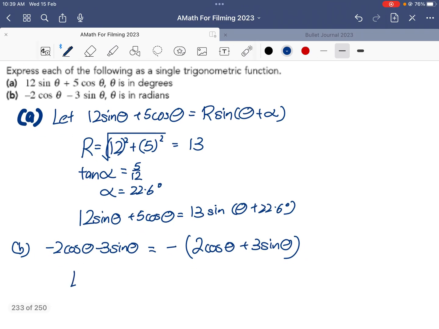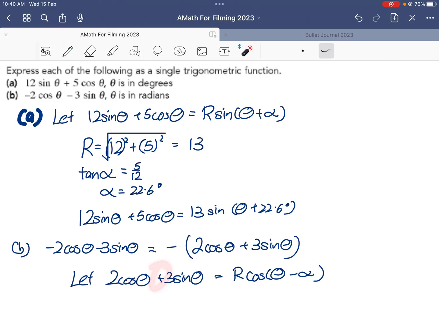I will say let 2 cosine theta plus 3 sine theta equal R. Okay, cosine is in front, so it will be R cosine theta minus alpha. Okay, why minus alpha? You just look at the formula sheet. Cosine will always be the opposite. So here is cosine plus sine. For cosine, this plus will become a minus here. Just follow the formula sheet, you'll be fine.